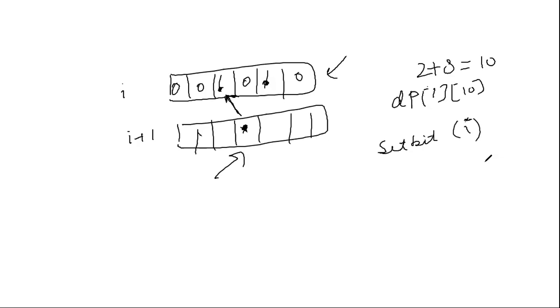You can make a mask of 1, continue shifting it here, here, here, and do an AND. If you do AND on this and that, it will tell you there is a 1 here, because all the rest will be 0. So that is one thing to check whether 1 is there or not.